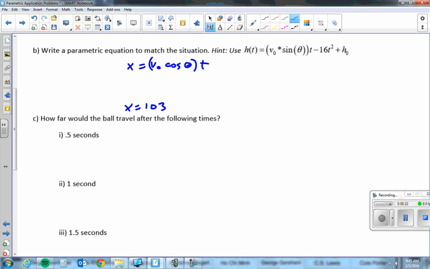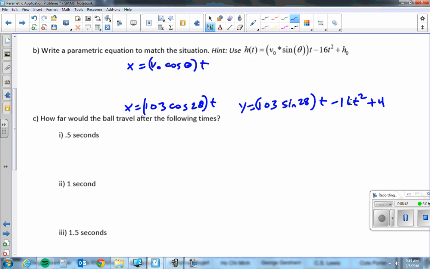So put 103 there. Cosine of 28. That's an 8. Squint and you'll see that it's so. And then write the vertical equation. I can do this. All right, and it was plus 4, is that right?